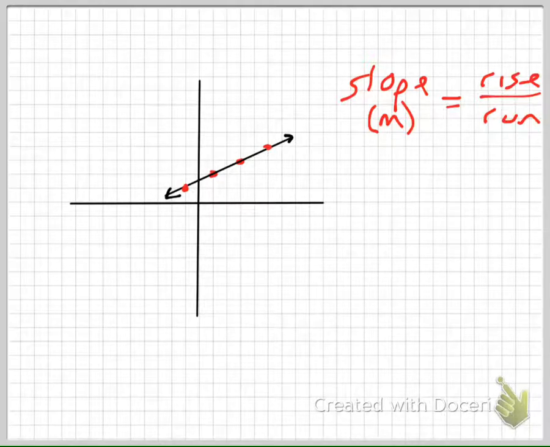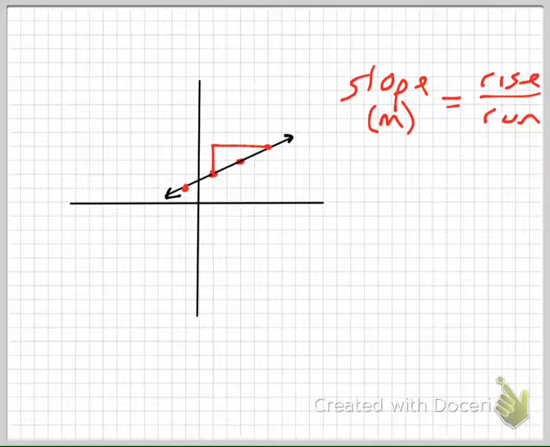Here's the gist. You take any point. We'll go from right here, and we'll go all the way up to here, just to show you that it doesn't matter. Okay? To go from here to here, you would go like this. Notice I create a triangle there. How did I get from here to here?